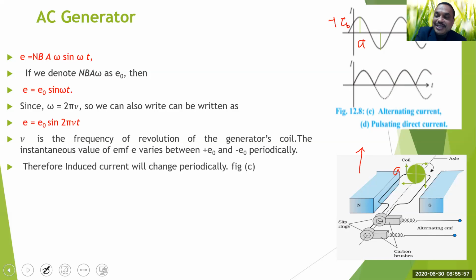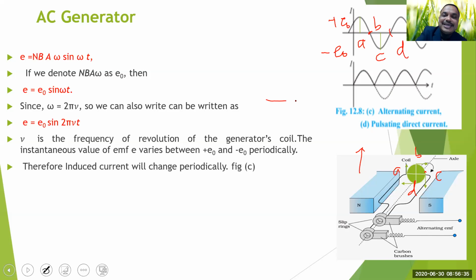So this is position A. At position B, the coil is parallel to the field, so there will be no change. So at point B, we get 0 or the mean value of the EMF. At point C, the coil moves in a downward direction, so we get a point of minus E0 on the negative side. And again at point D, the coil becomes parallel to the field and hence it becomes 0.